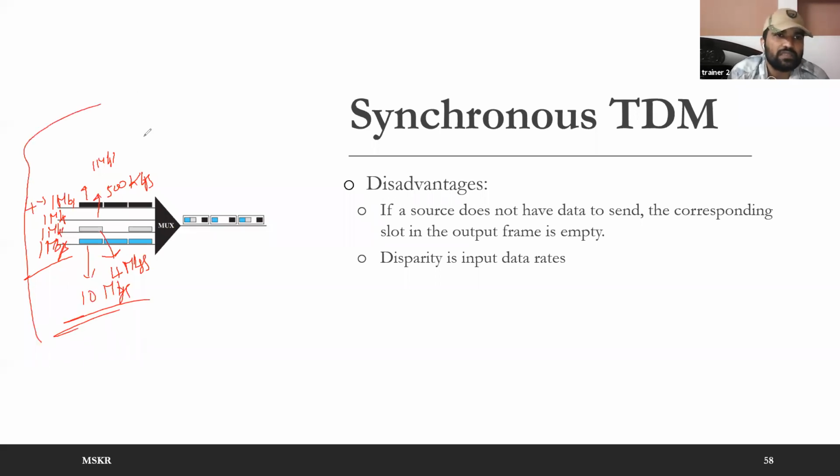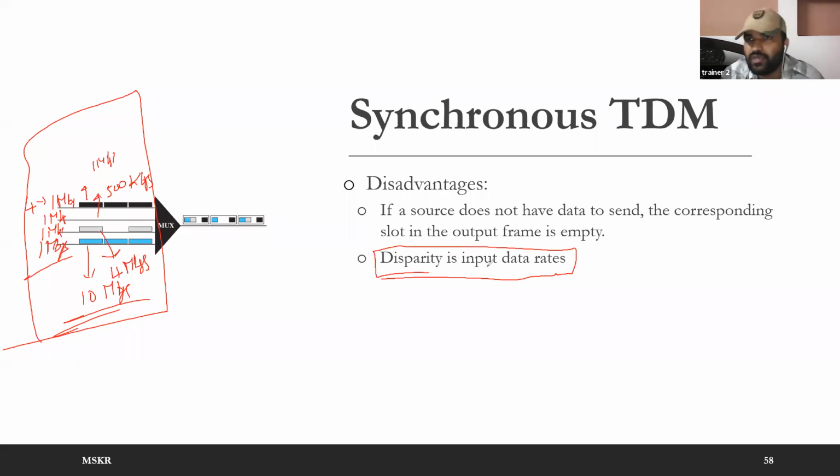When the users are not using the same data rate, then using synchronous TDM will be very difficult. You need to do something else to use synchronous TDM in this scenario. So that is the second drawback, disparity in input data rates.